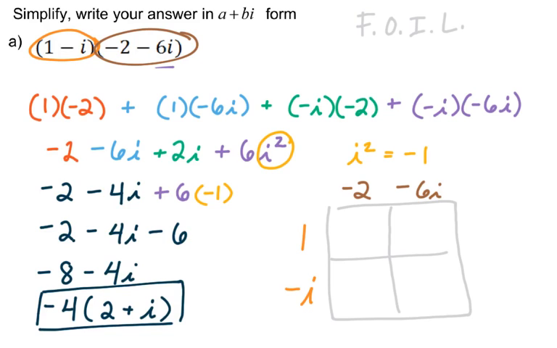So you'll notice we get the same 4 terms here that we got in this previous row up there. So -2 times 1 gave me -2, -6i times 1 is -6i, 2 times -i, that's going to be +2i, and -6i times -i gives us +6i squared. So you'll see these terms right here are the same as these 4 terms in the box.